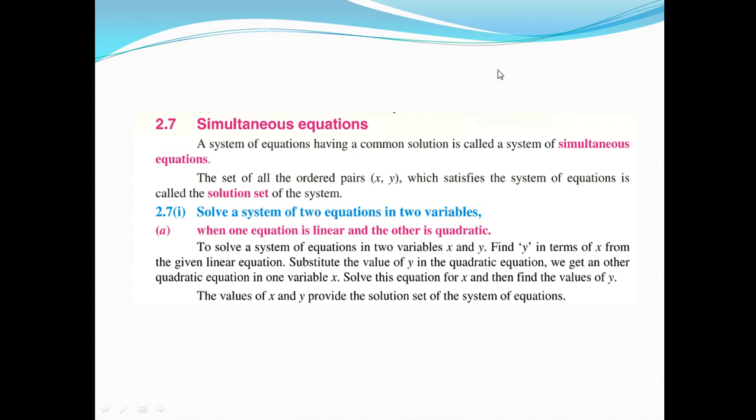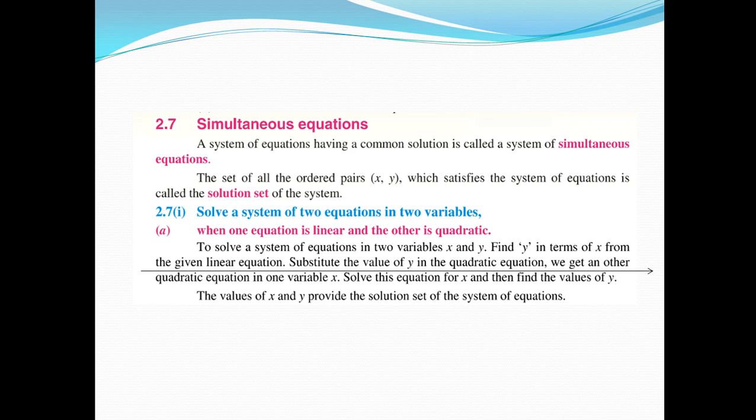Simultaneous equations. A system of equations having a common solution is called a system of simultaneous equations. The set of all ordered pairs (x, y) which satisfy the equations is the solution set of the system. So, to solve a system of two equations in two variables when one is linear and the other is quadratic, find the y term or x from the given linear equation.